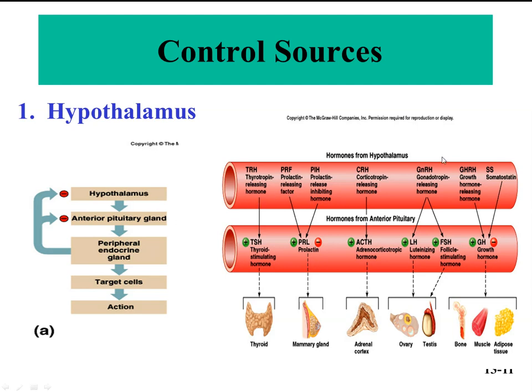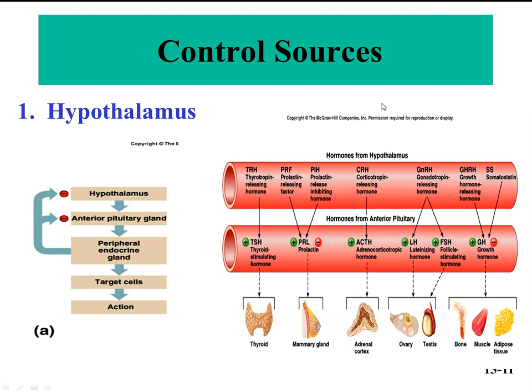Okay, let's look at some of the hormones from the hypothalamus. The hypothalamus itself can release hormones, and these hormones are of two different types. They can be hormones that will cause the releasing of more hormones. An example here is prolactin.